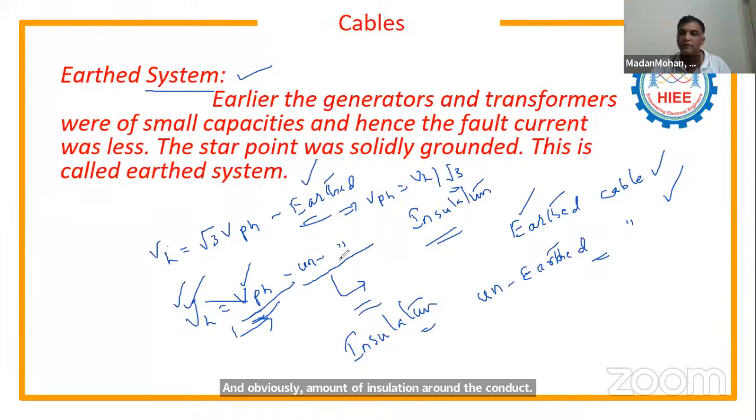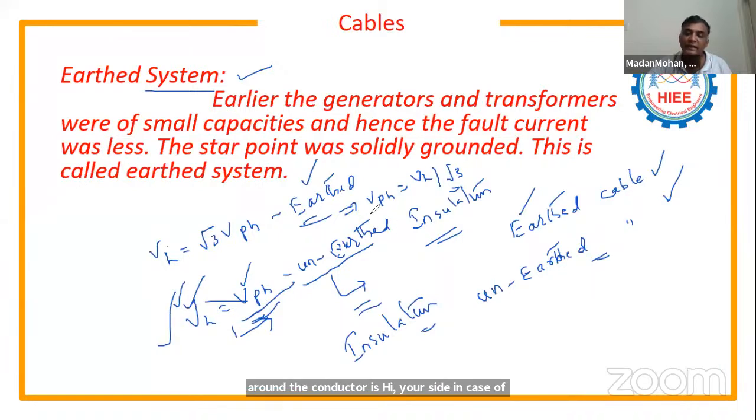Okay, so which cable is economical, earthed cable or unearthed cable? With this explanation, which cables are costly? Unearthed cables are costly. You're right. Because the amount of insulation around the conductor is higher in case of unearthed cables.